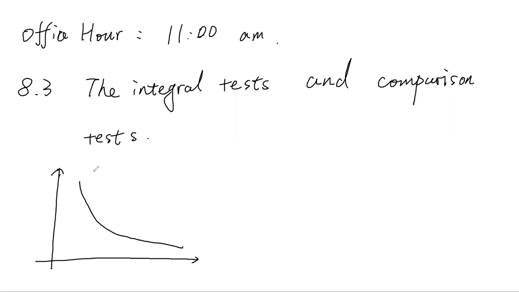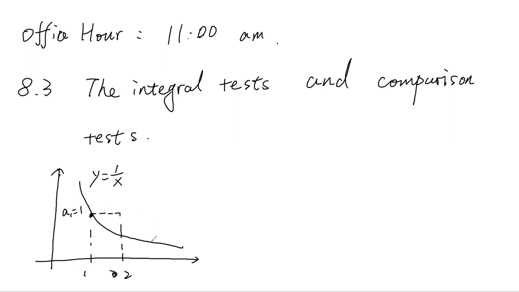So we have a function y is equal to 1 over x, and we have a bunch of small rectangles. This point here is 1.